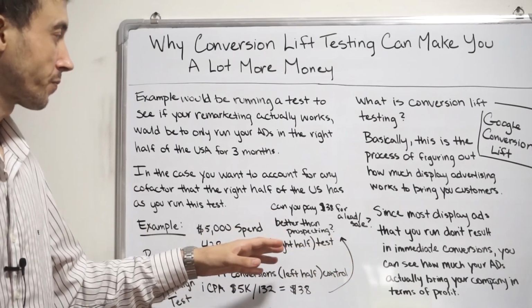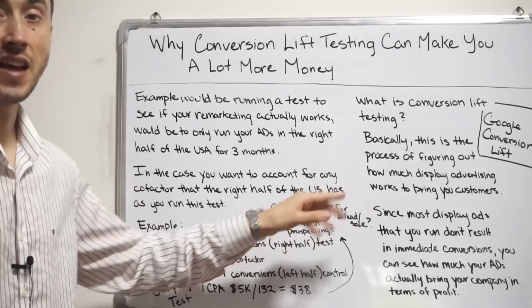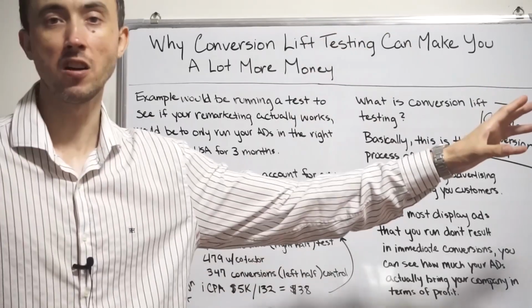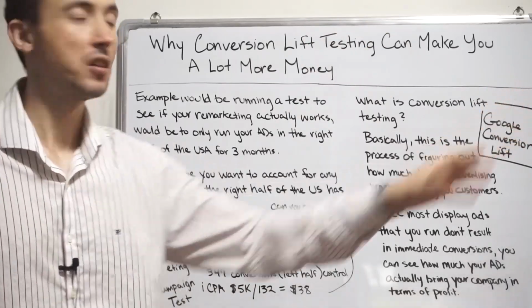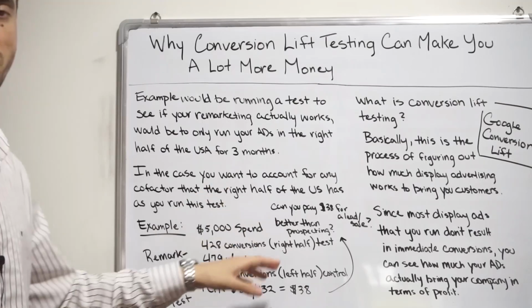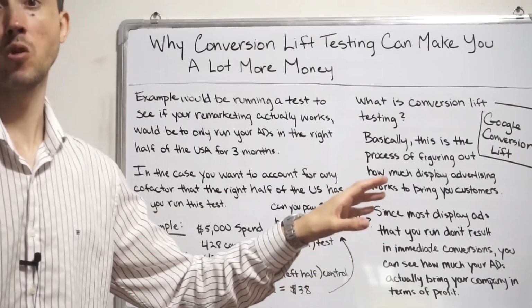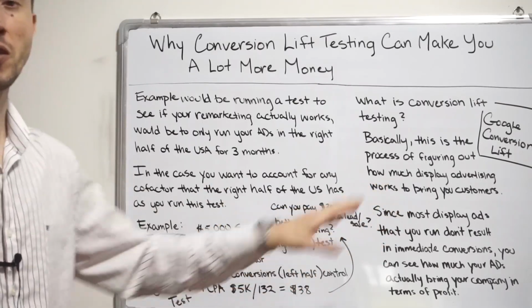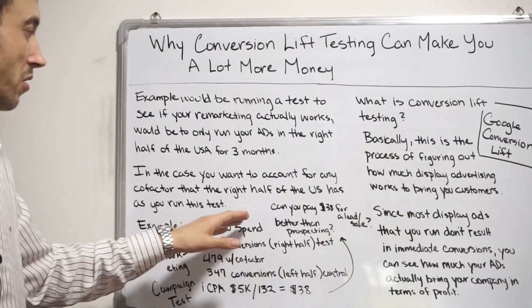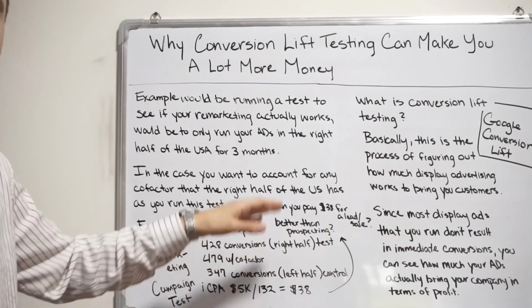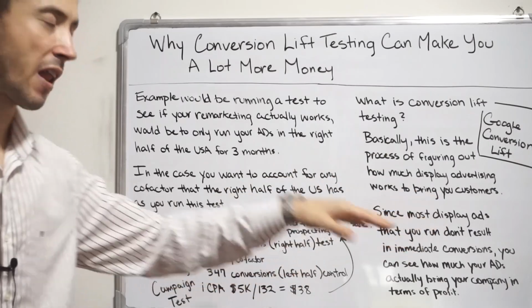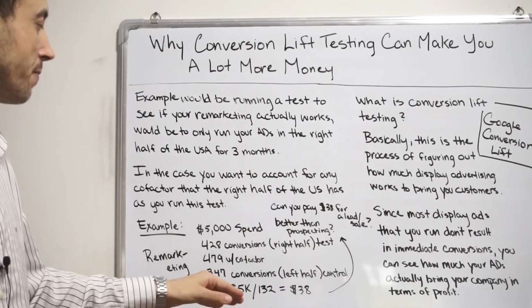So as you're trying to figure out if remarketing is working for you, if this were you, you would already know that I'll take a customer all day long as I can get them for under 60 bucks. You run this analysis, run your remarketing that you don't totally believe in for 3 months, but only in half the country. Find the difference between the half of the country where it was ran versus the other half where it was not run.